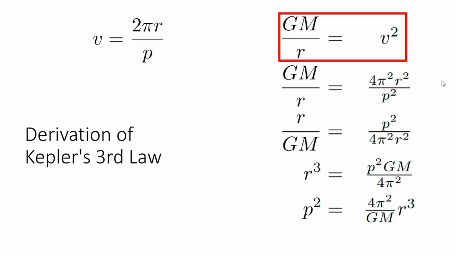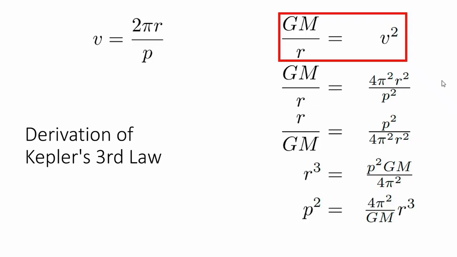So if we start from that red box that we derived from centripetal acceleration, and we assume that the planets are orbiting in circular motion, then the velocity of that orbital motion is going to be the distance that they travel, which is just the circumference of a circle, divided by the period of that orbit.